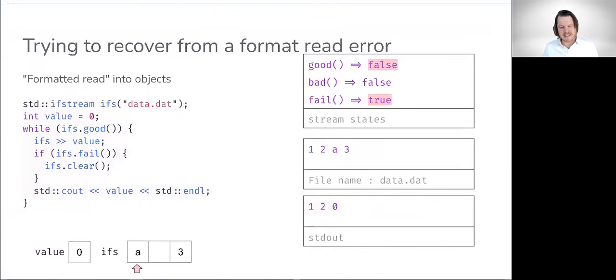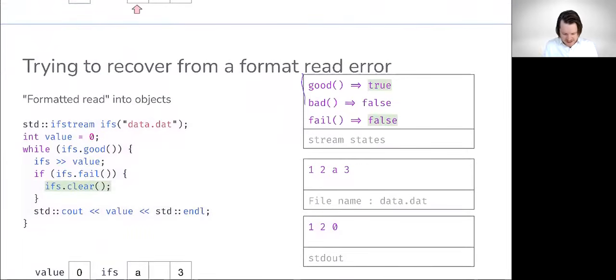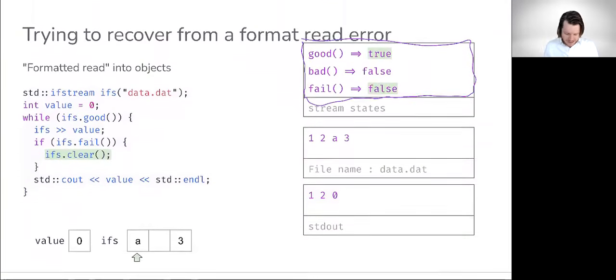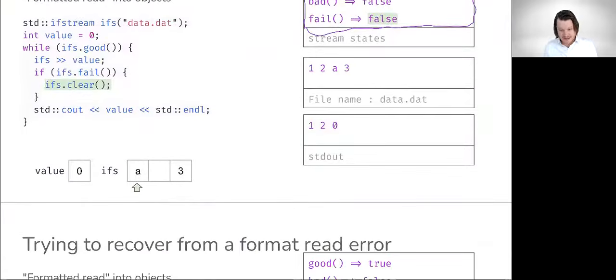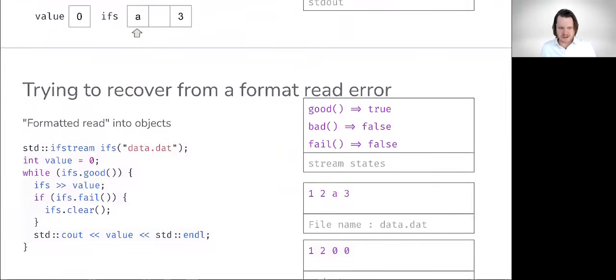So in this case, we hit our fail block again. We call clear. Guess what? We've reset the stream state to good. That read failed. Value gets the 0 value of the type, 0. And then we go ahead and stream state's good again. So we get into the body again.